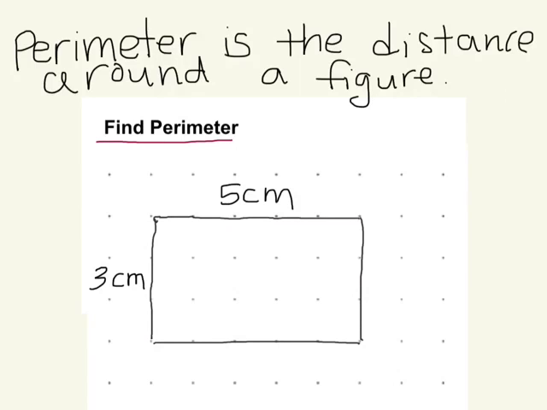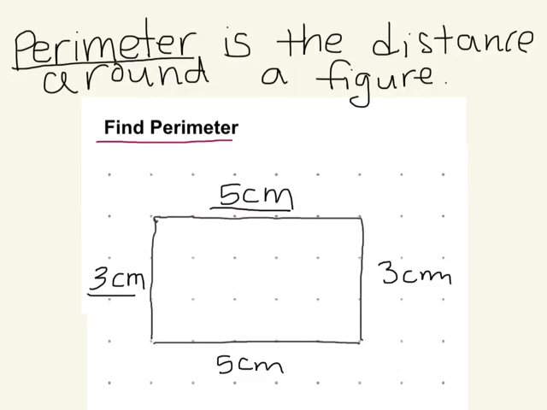And what did we learn about the opposite sides of a rectangle earlier this year? That's right, they're the same length. So my 3 centimeter side over here is also 3 centimeters, and the opposite of my 5 centimeter side is also 5 centimeters. Now, the distance around is the perimeter.